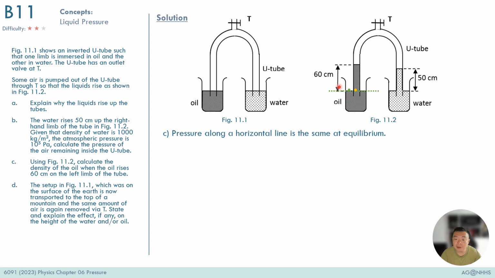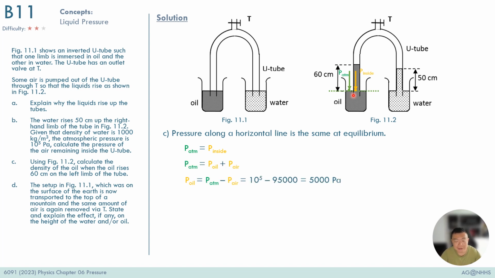So again, there are 2 points marked out. On the green dot, atmospheric pressure is pressing down on it. On the yellow dot, the air pressure in the U-tube and the oil pressure in the U-tube is pressing down on it.